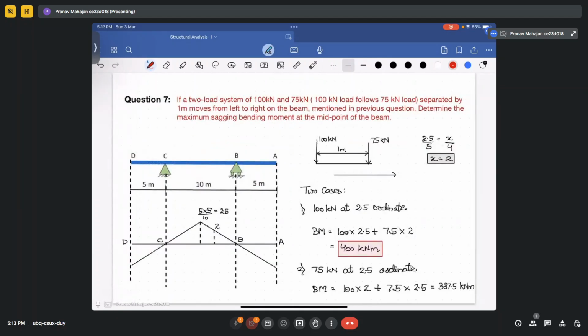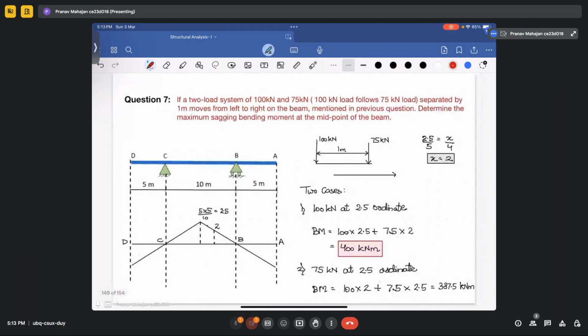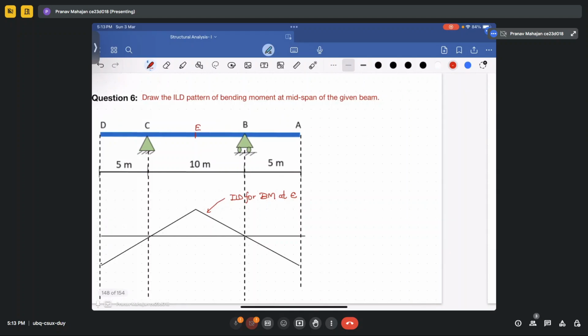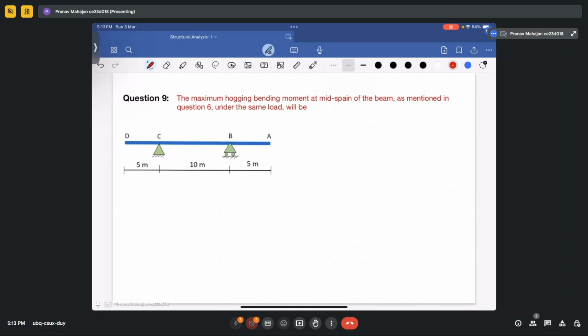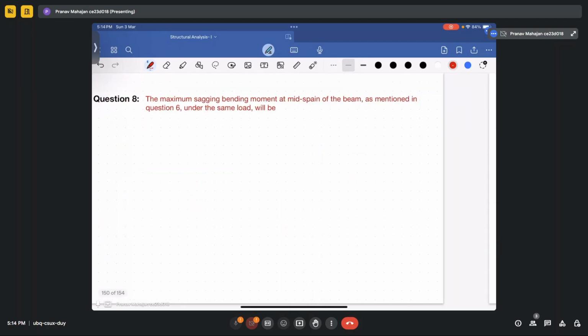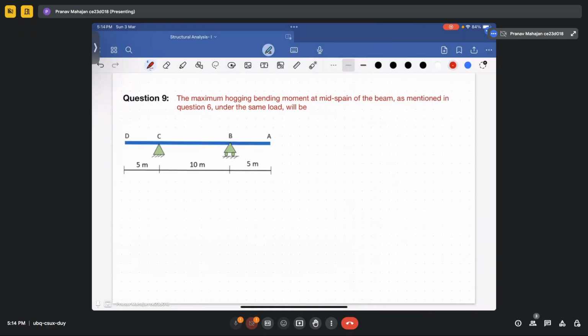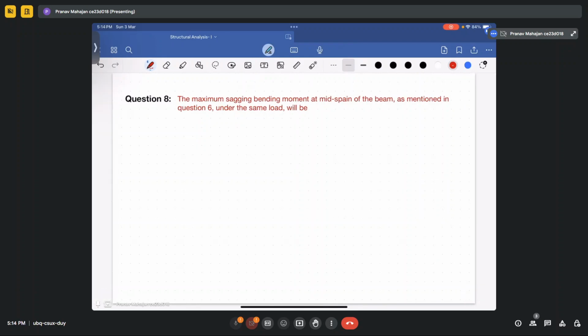So in the next question, they have asked us to calculate the maximum hogging moment. I will delete this figure. In the first question they told us to calculate the maximum sagging moment, and in another question they have told us to calculate the maximum hogging moment.